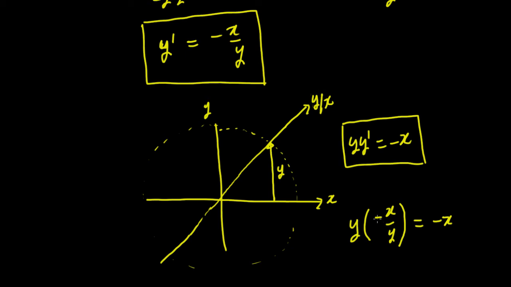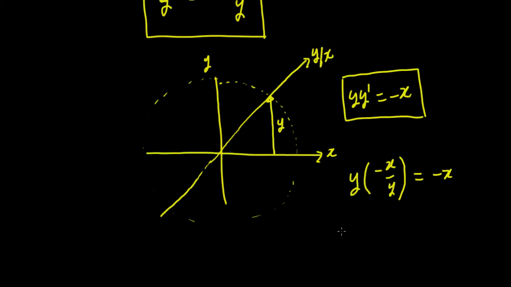So the gradient minus x upon y is going to be a line that runs perpendicular to that, because whenever you do perpendicular gradients, you know that m1 times m2 is going to equal minus 1.